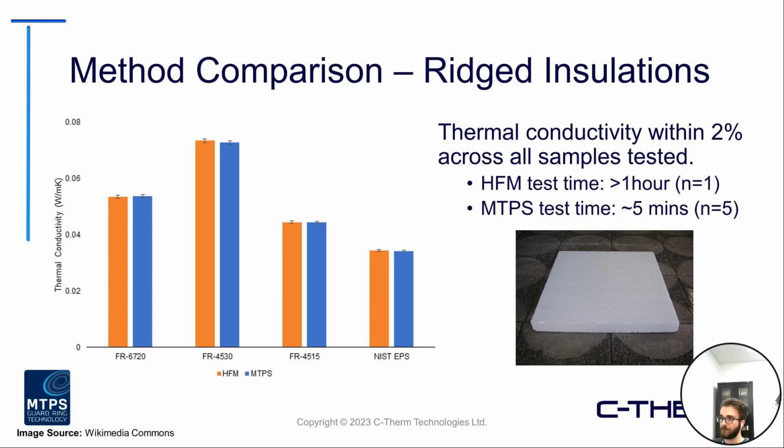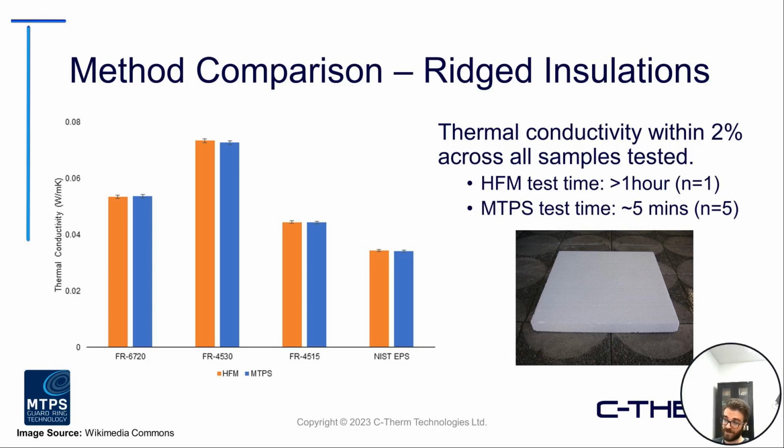Here we just have a little bit of a method comparison on some samples that were tested. These are looking at some more traditional rigid insulations. These weren't bio-based, but just a few different samples that were obtained and tested on both a heat flow meter and MTPS. These are, again, quite insulative in nature, but thermal conductivity results across the board were well within 2% between the two different options.